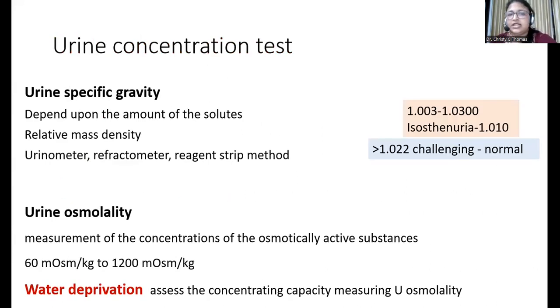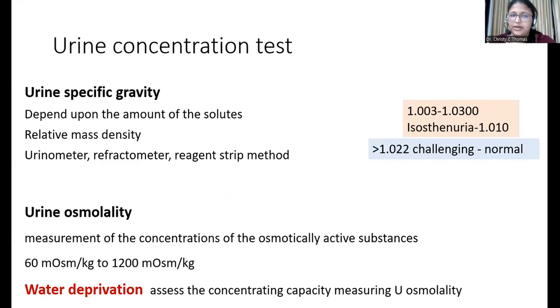The urine concentrating capacity is tested by two methods. Either you can use the urine specific gravity or you can use the urine osmolality. The urine specific gravity depends upon the amount of solute in the urine, or it is called the relative mass density of the urine. It can be measured by urinometer, refractometer, or reagent strip method.